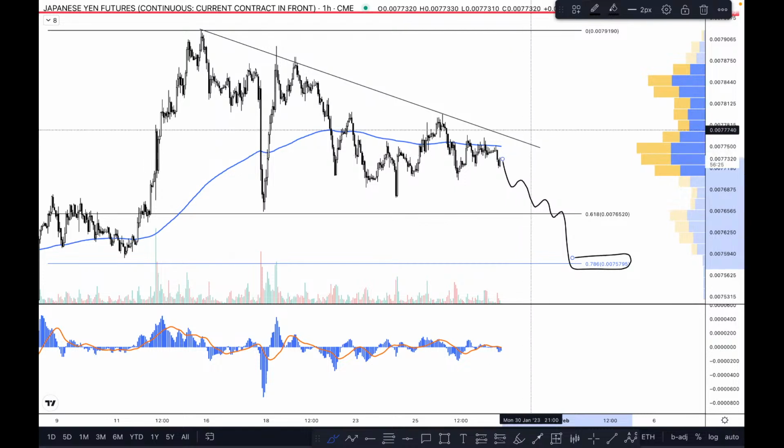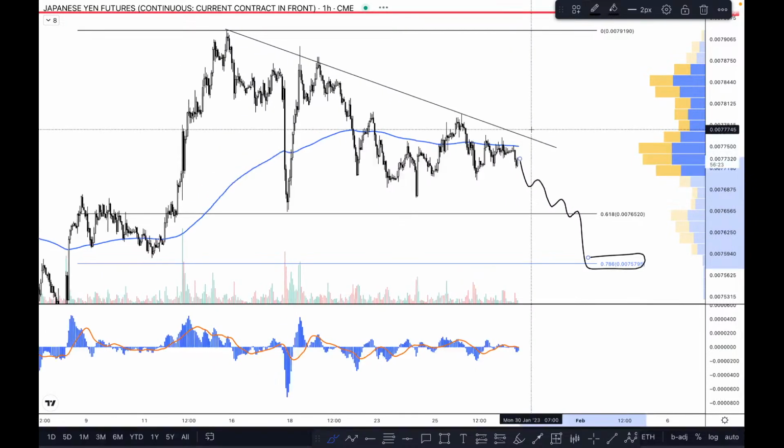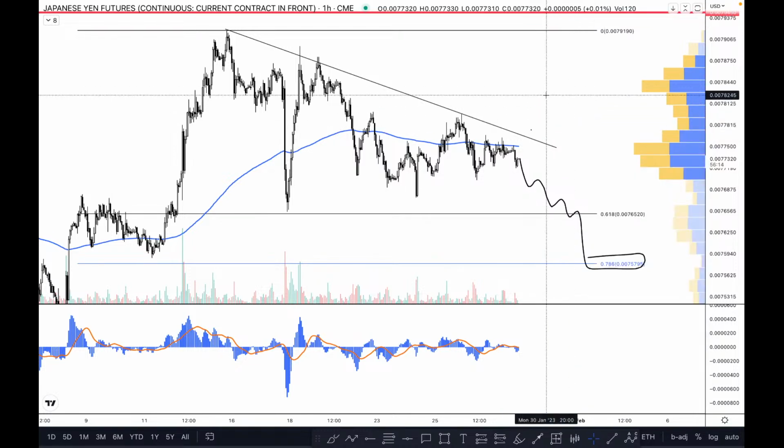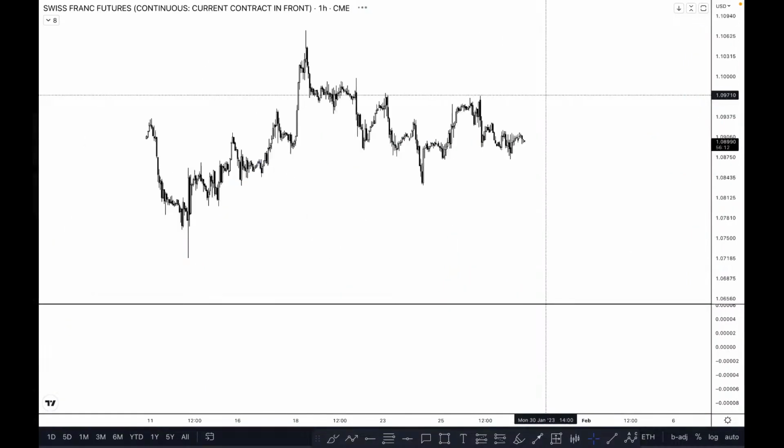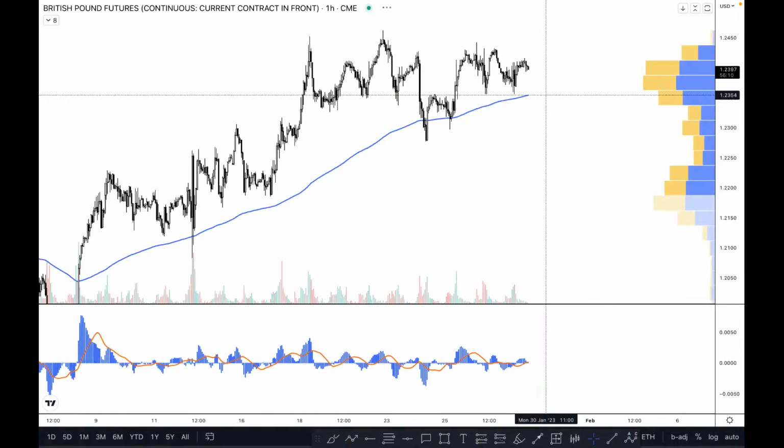fake move up. So let's go to the pound. And look what we said on the pound. Okay, so the pound, right?